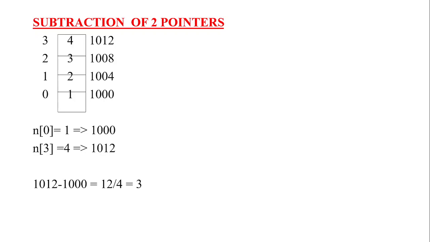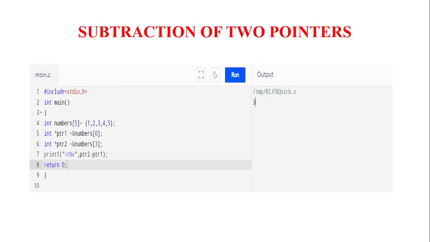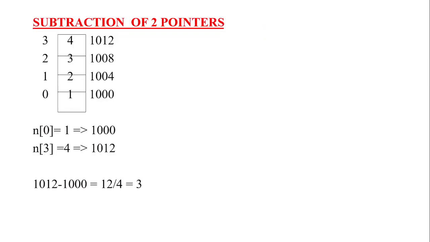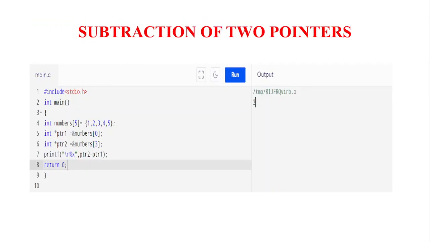So n[0] starts from 1000, n[3] is 1012. If I divide by 4, 12 by 4, I'll get 3. So if you see the concept here, I'm getting the answer as 3. You are subtracting ptr2 minus ptr1.